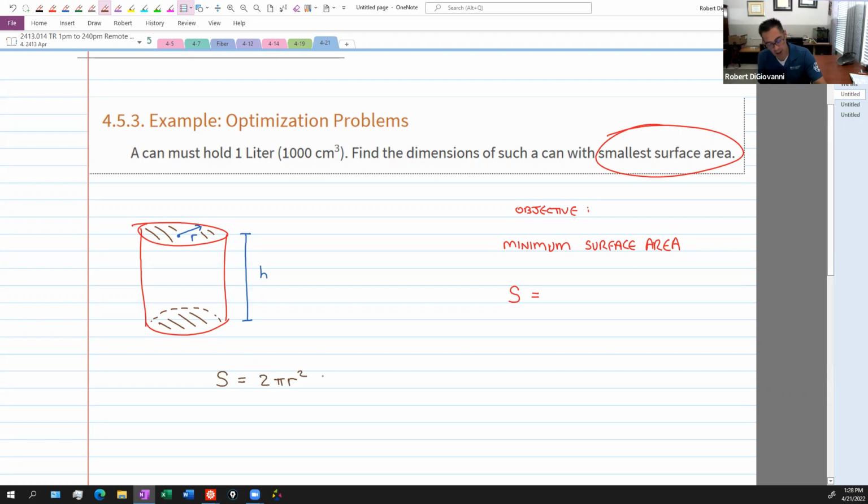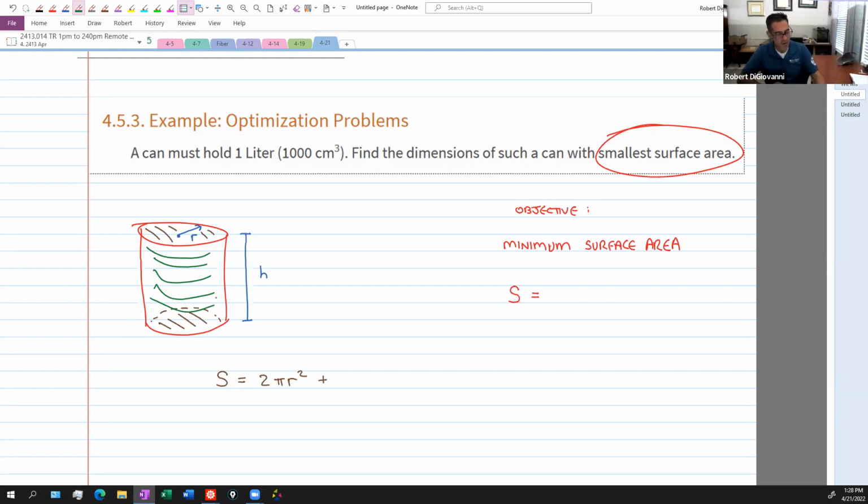Okay. Plus, now I need to count the outside of the can, right? So what Robert was suggesting was that if we think about a can, we've already taken care of the top and the bottom. If we imagine the rest of it, cutting it down the center and opening it up, then it's just a rectangle, right?